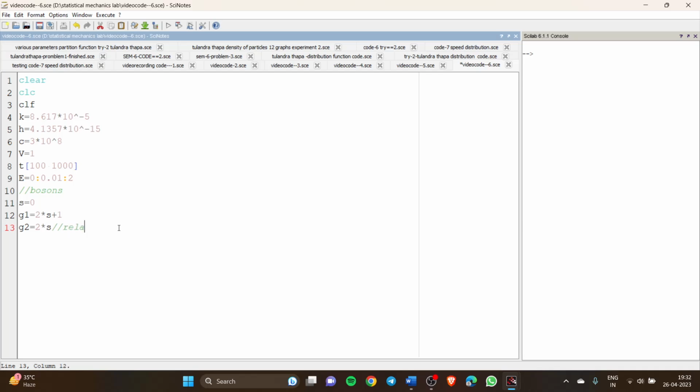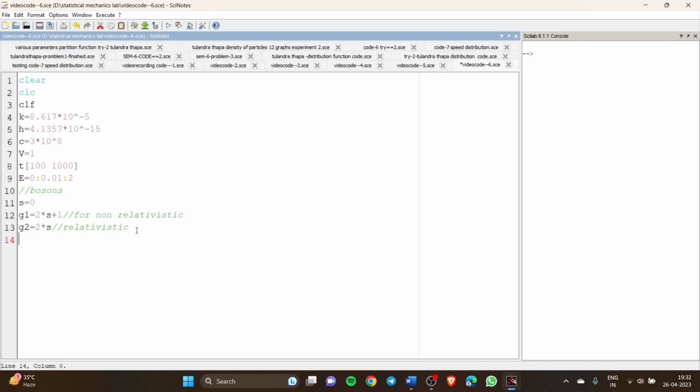For relativistic, for non-relativistic. So now we have the values of G1 and G2, and we have also the value of V. V has already been defined as 1.